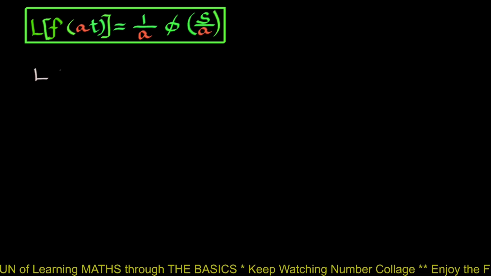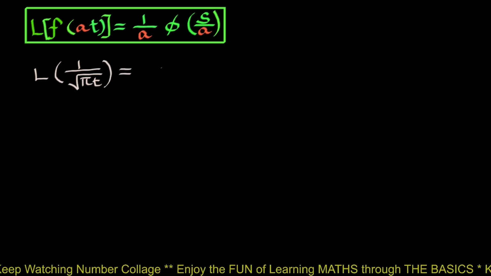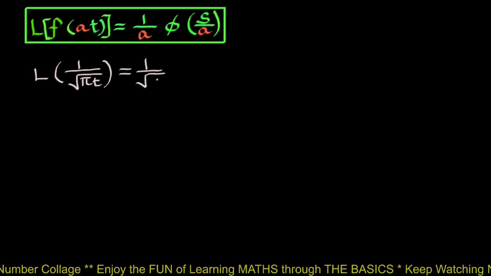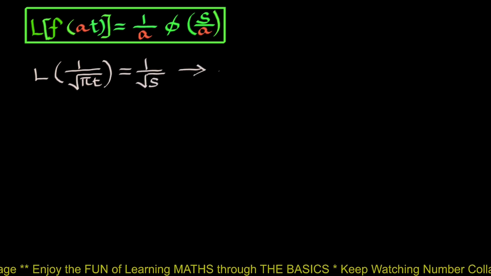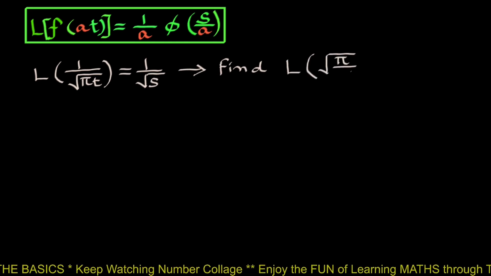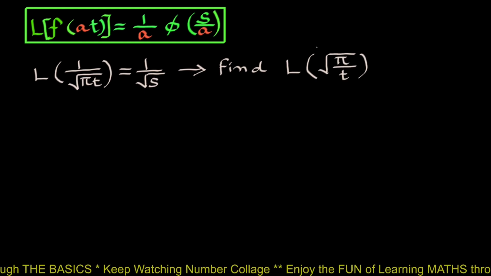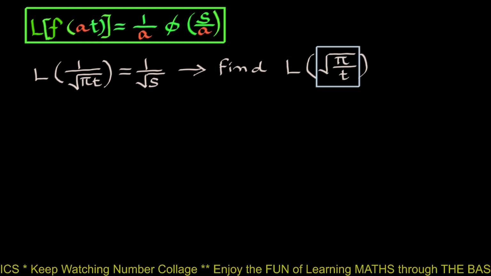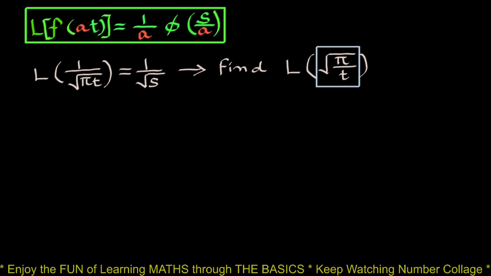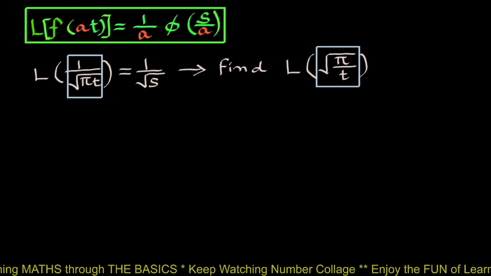If Laplace transform of 1 upon square root pi t is 1 upon square root s, we have to find Laplace transform of square root of pi upon t. Here we will try to express square root of pi upon t in terms of some scalar multiple of 1 upon square root pi t.